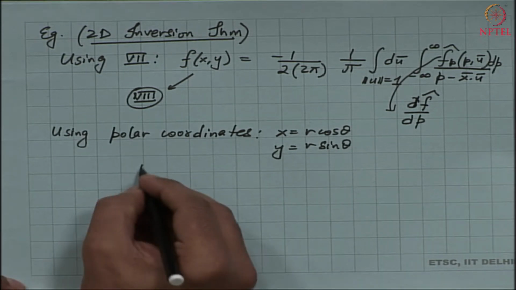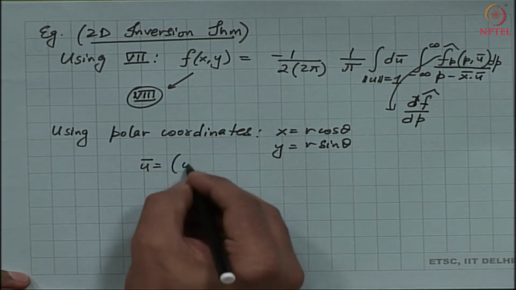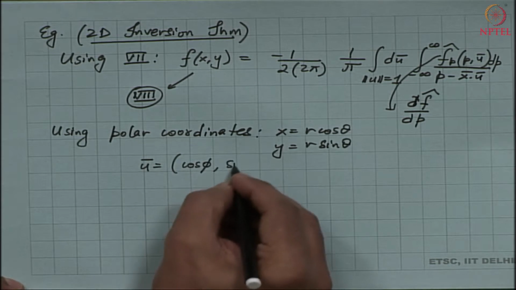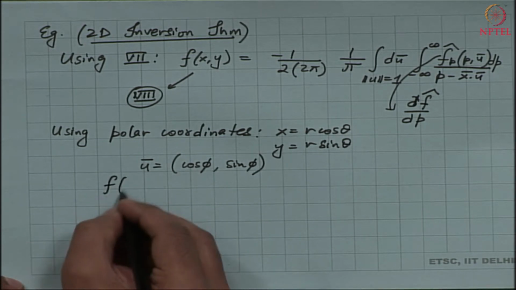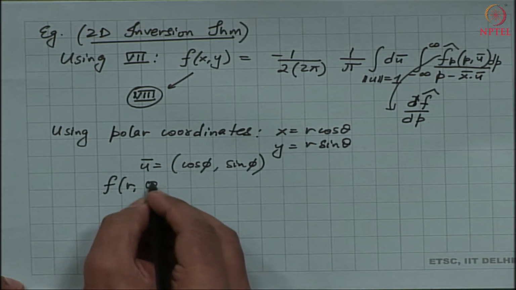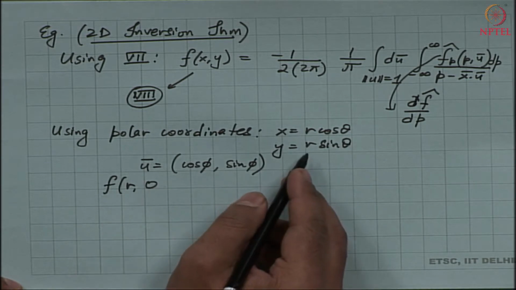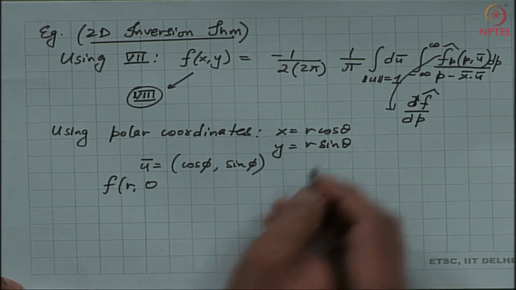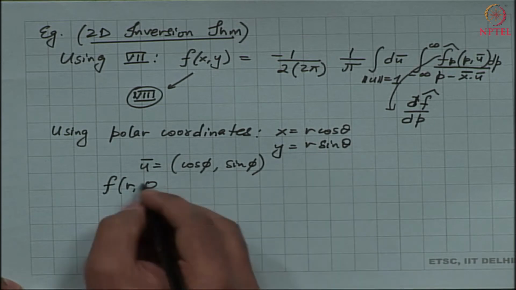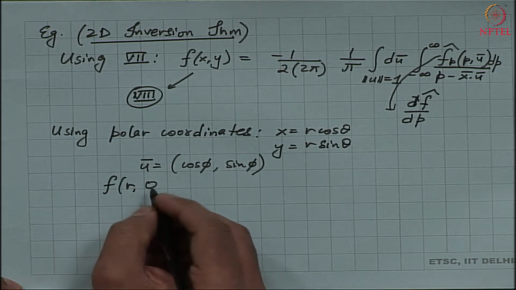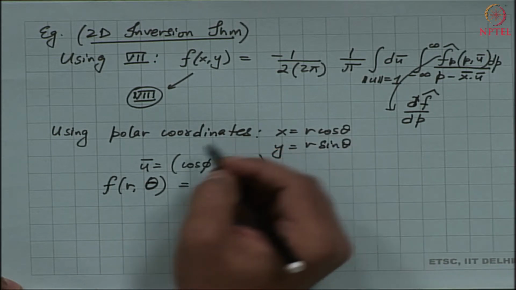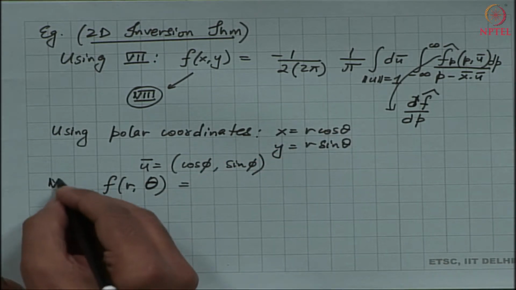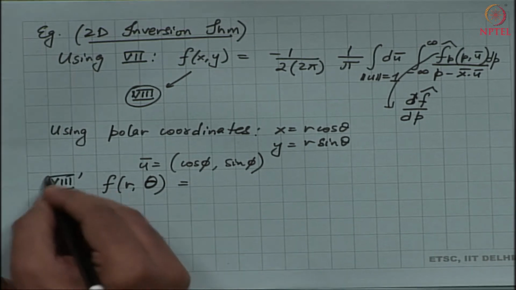I see that my u is cos phi, sin phi. Well, that is my direction cosine. So, my function defined for the polar coordinate f of r comma theta, again rewriting my expression 8, let me call this 8 prime.